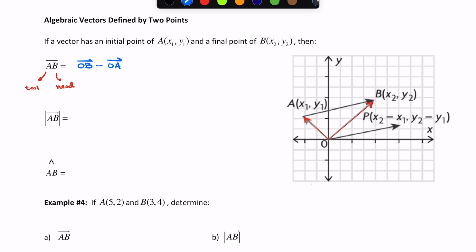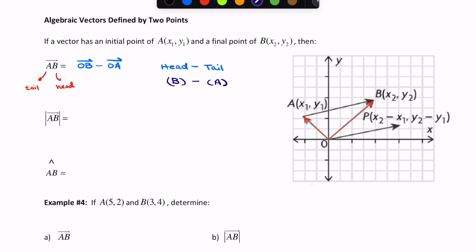So here again, we have head minus tail. So here's B minus A.